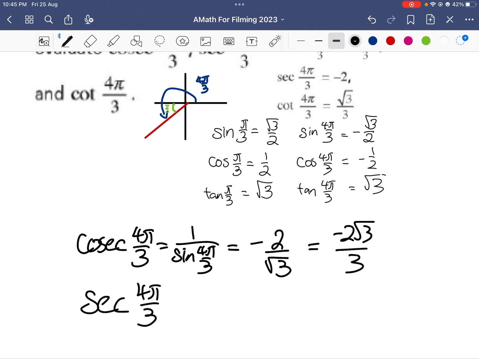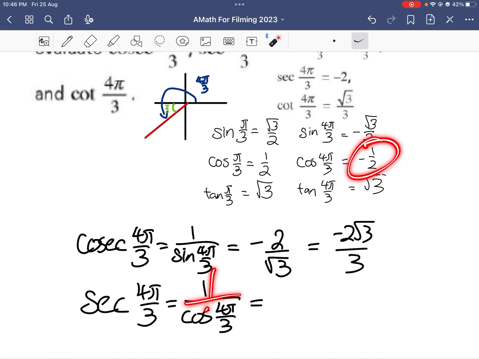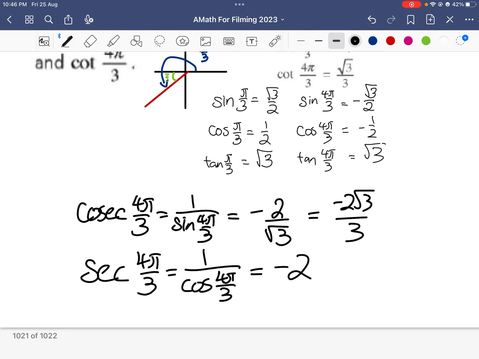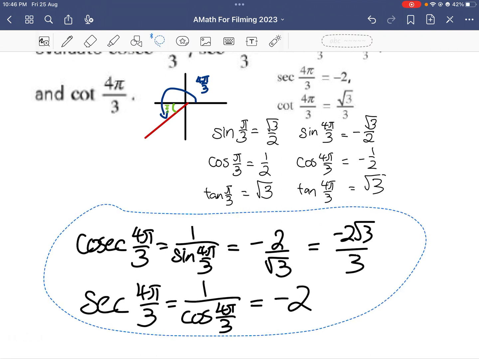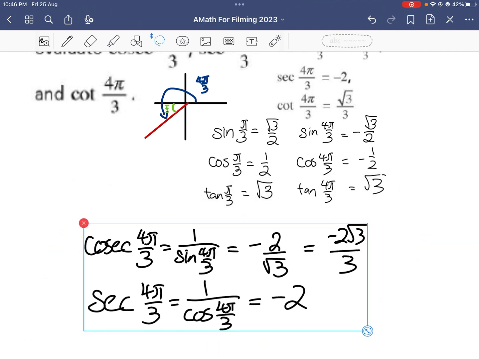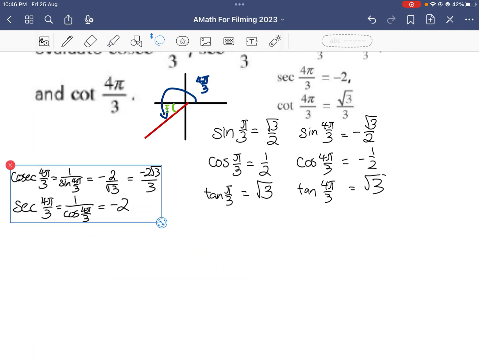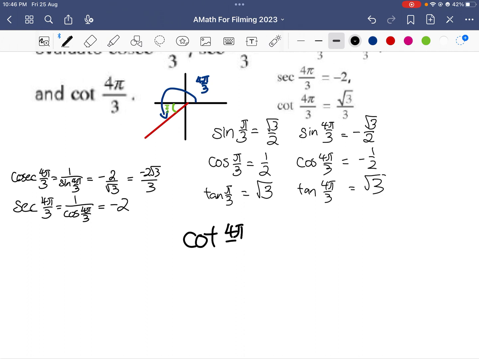Similarly, secant of 4 pi over 3 is 1 over cosine of 4 pi over 3. Cosine of 4 pi over 3 is negative half, so I take the reciprocal now. What I'll get is negative 2. Last but not least, let me shrink these two. I'm looking for cotangent of 4 pi over 3.